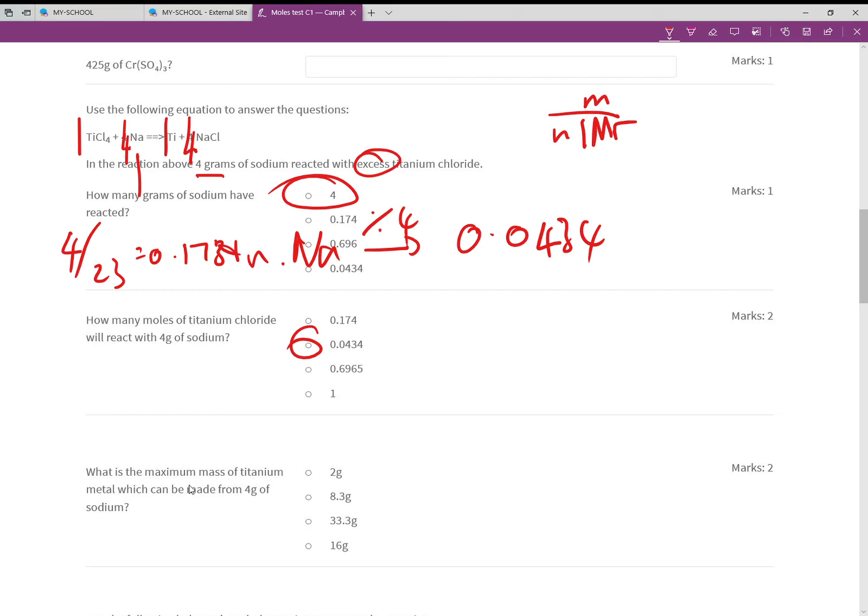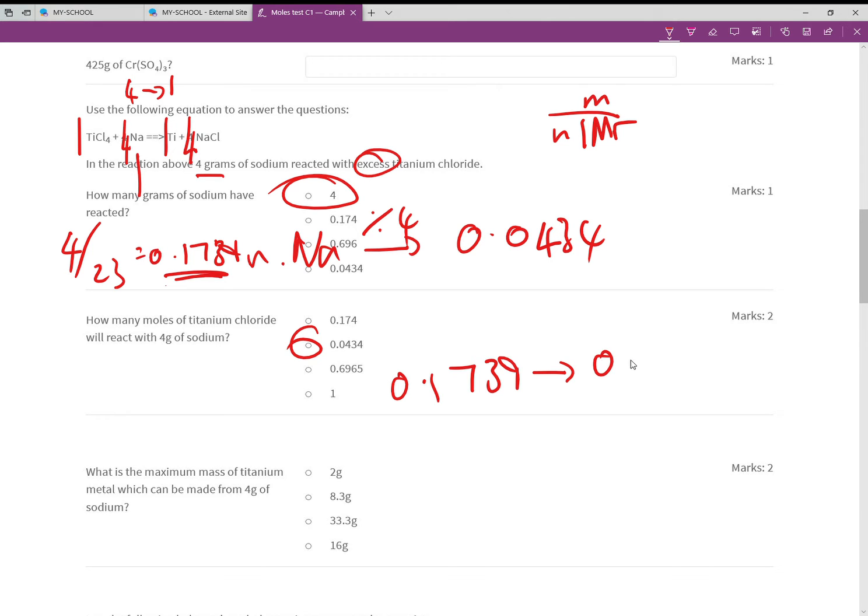So that is that answer. What's the maximum mass of titanium metal that could be made from 4 grams of sodium? Well, if I have 4 grams of sodium, I have that number of moles of sodium, 0.1739. Okay, the maximum mass of titanium metal, so sodium to titanium metal is 4 back to 1.